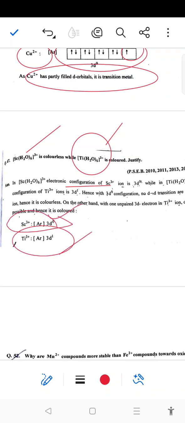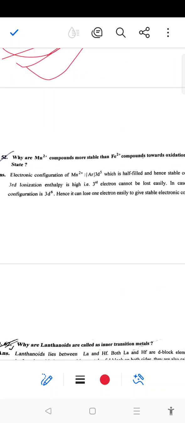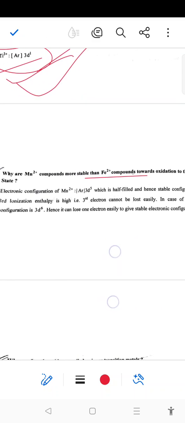So scandium has no unpaired electron, so it is colorless. In the case of titanium, there is one unpaired electron, due to which it shows d-d transition. So due to that, titanium water 6 3 positive is colored in nature. Next, why are manganese 2 positive compounds more stable than iron 2 positive compounds toward the +3 oxidation state?